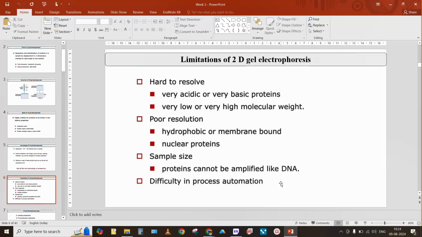And there are alternative techniques, like the emergence of mass spectrometry based proteomics with advances in MS and LC-MS. So throughput and dynamic range are better there, and the use of 2D gel electrophoresis has declined in some areas of proteomics.